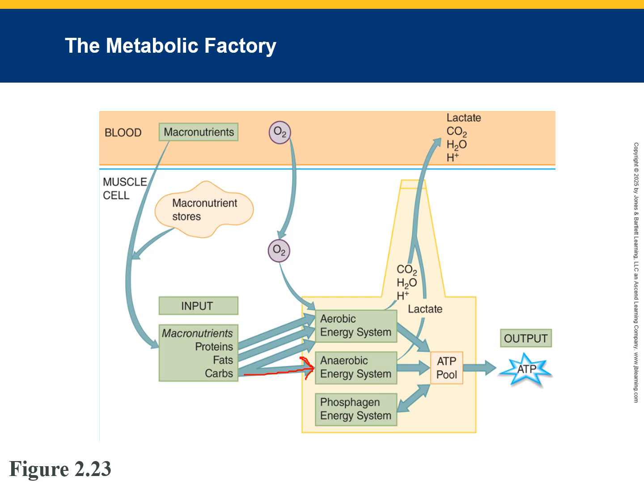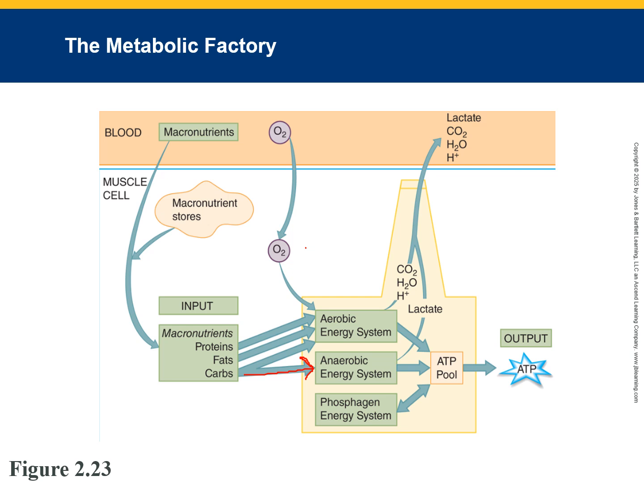Notice here that phosphagen by itself does not require a macronutrient, but you have some requirement of oxygen in the aerobic system to make ATP, and you have the phosphagen, aerobic, and anaerobic systems all contributing to this ATP pool, ultimately producing ATP.